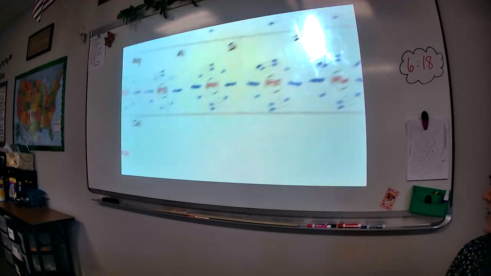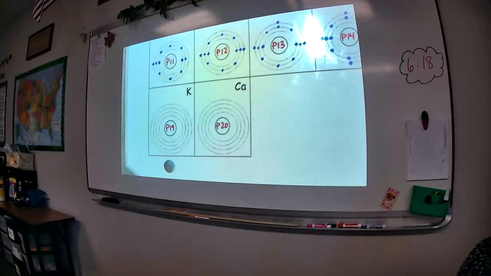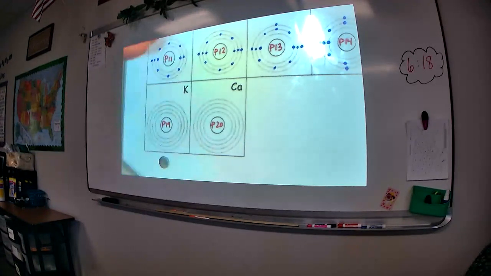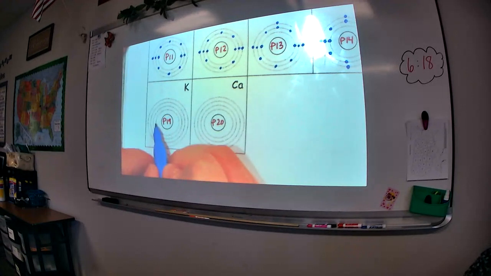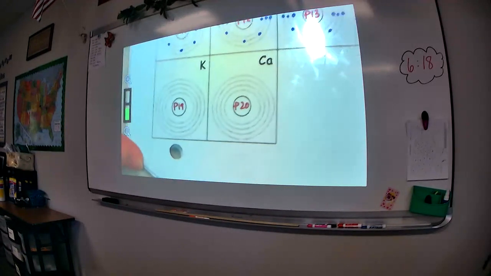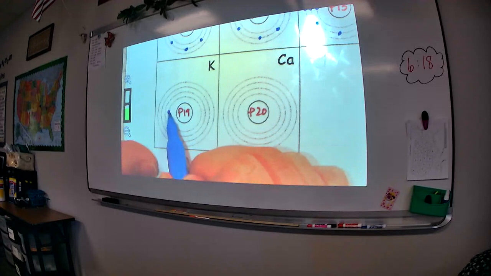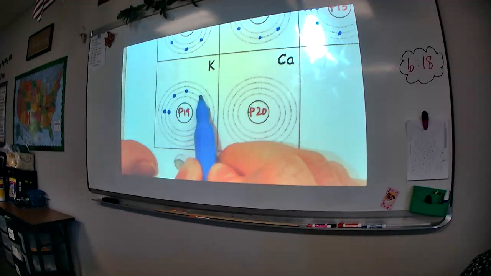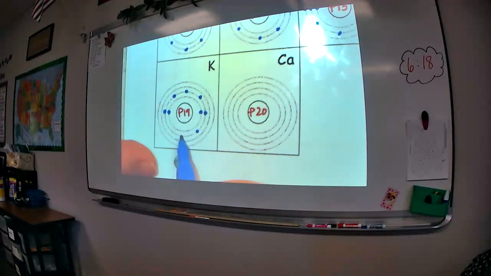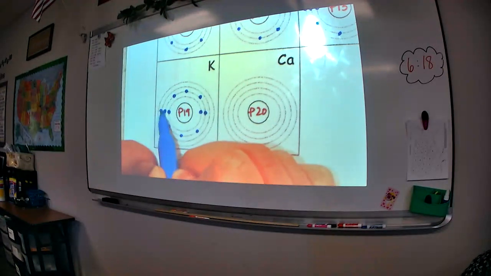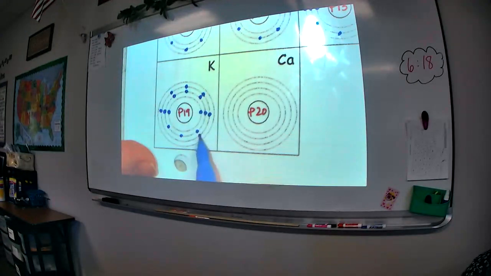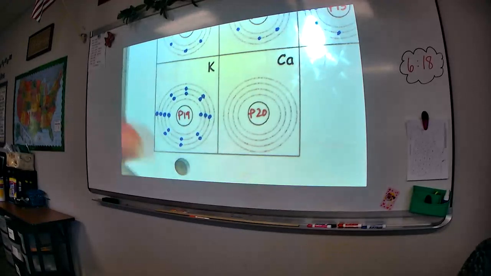Then we have our last 2, potassium and calcium. We have to fill all the first 3 shells before going on to the 4th, so it's going to take some patience. Here we go, 1 through 18, and 19.